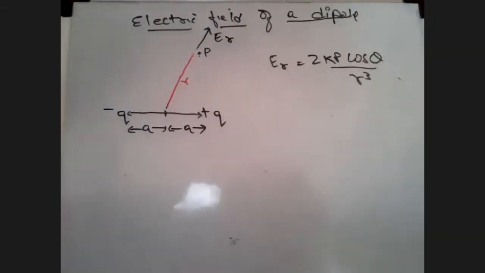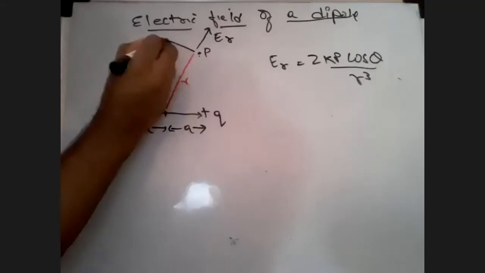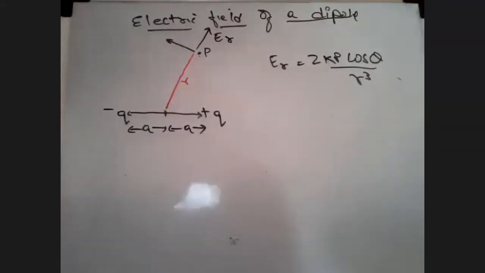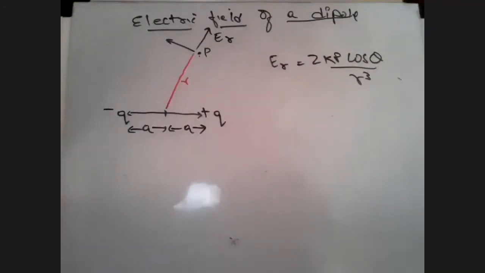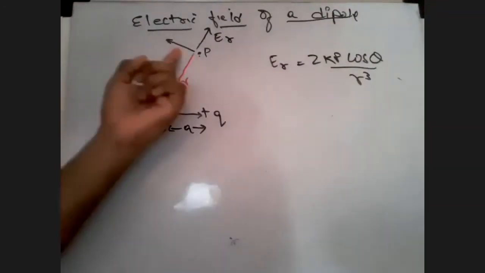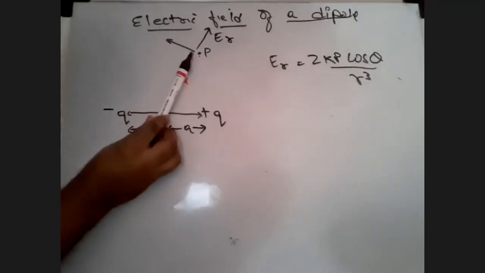Now I can also find out the electric field intensity at this component. That will be in which direction? This is a component in the radial perpendicular direction. To find it in the perpendicular direction, what we can do is look at this point, this pen.